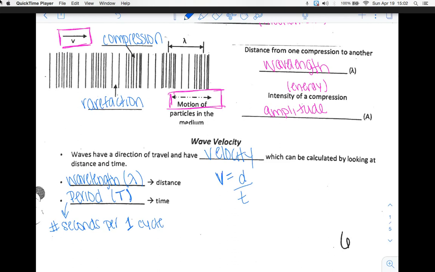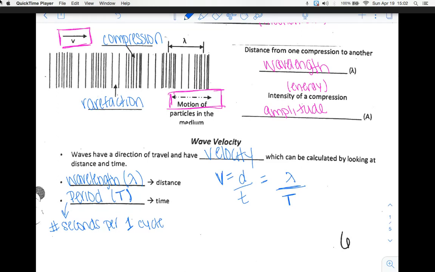It's the time that it takes to go around one time. Now when we talk about that for our waves here, we can replace these variables into our old formula. So instead of distance, we have wavelength. Instead of time, we have period.